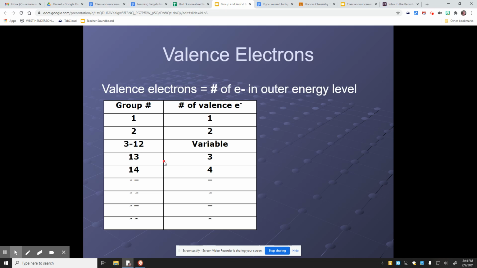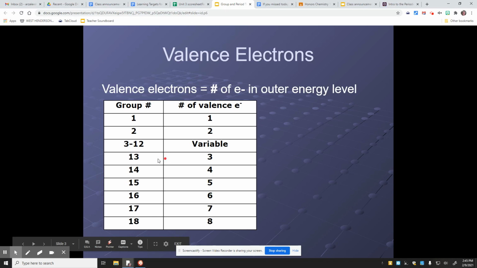Group 15 has 5 valence electrons. We looked at oxygen as a representative of group 16 and saw that it had 6 valence electrons. The halogens in group 17 have 7 valence electrons. And most of the members of group 18, the noble gases, have 8 valence electrons.